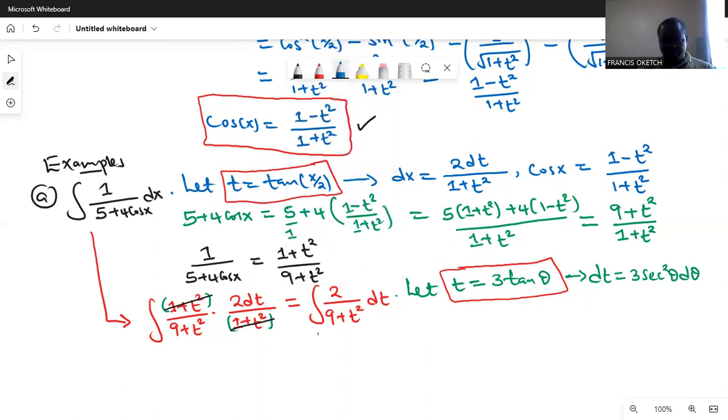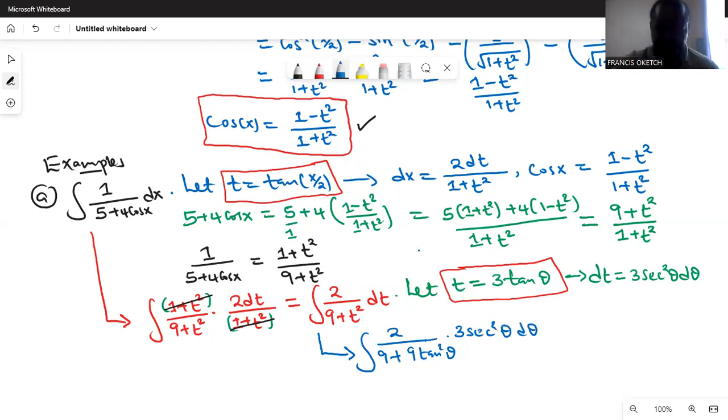So it is this integral that we are evaluating. You see, 2 is a constant. This can be written as the integral of 2 over 9 plus 9 tan squared theta, times dt, which is the same as 3 sec squared theta d theta.